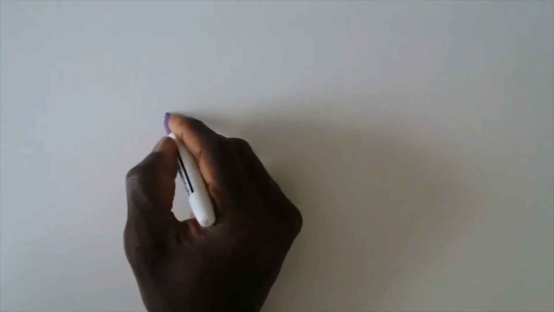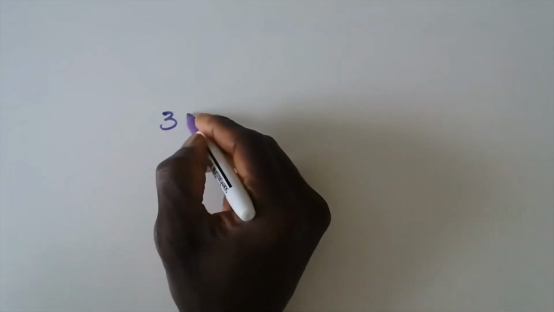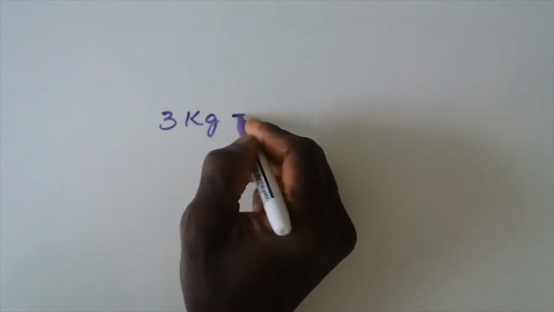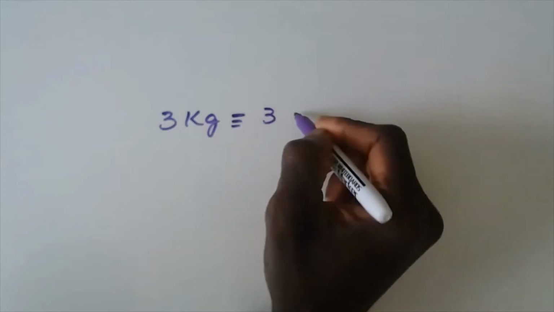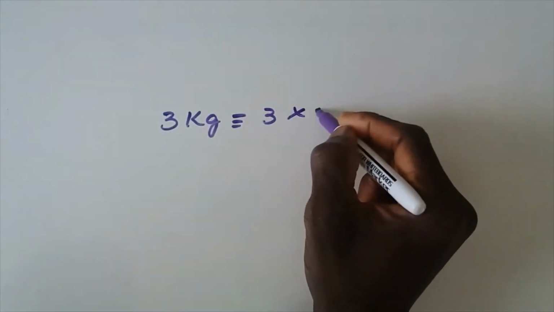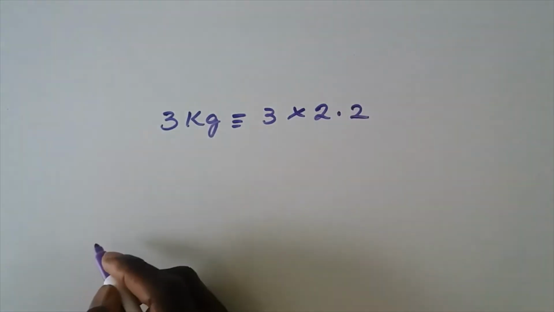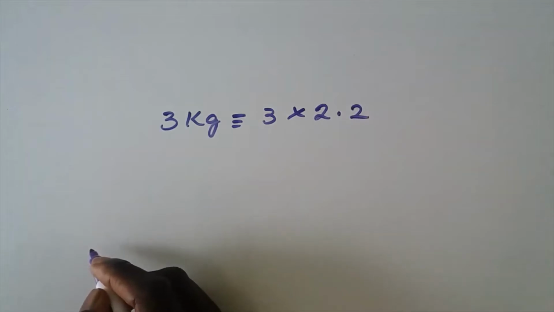Next is the question, it asks, which has the greater mass? 3 kilograms of onions or 7 pounds of feathers? Well, let's see what 3 kilograms is actually. 3 kilograms is equivalent to 3 times 2.2, so each kilogram is 2.2 pounds.